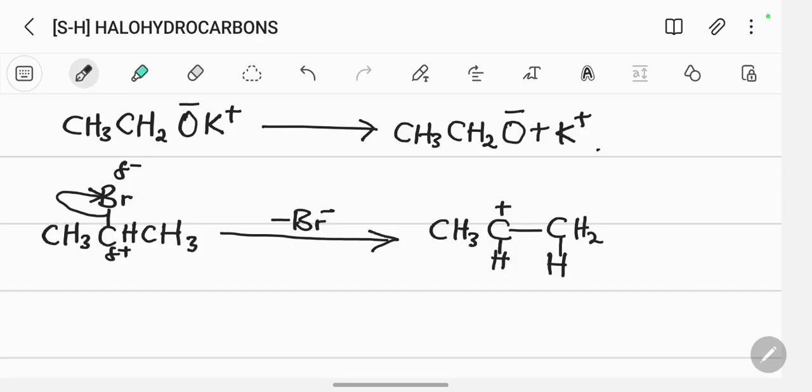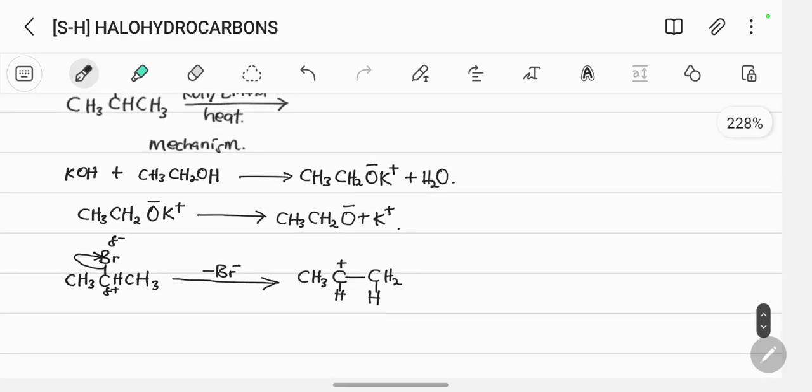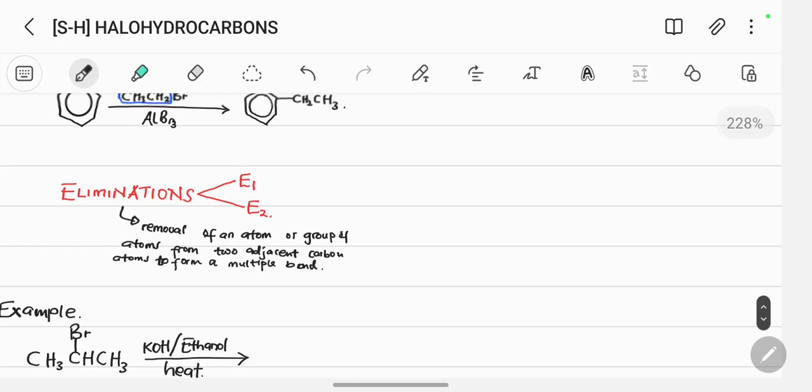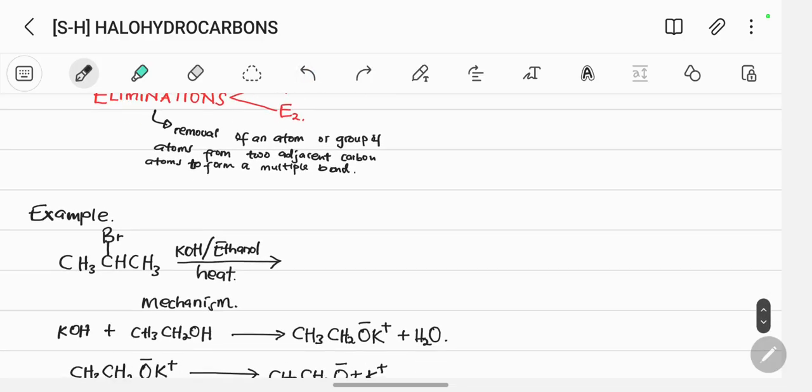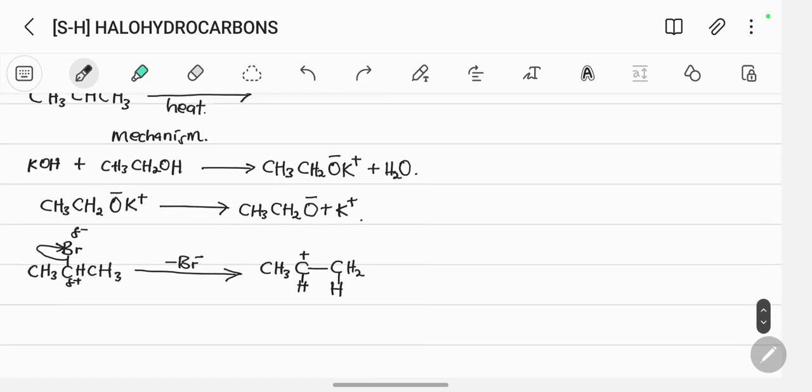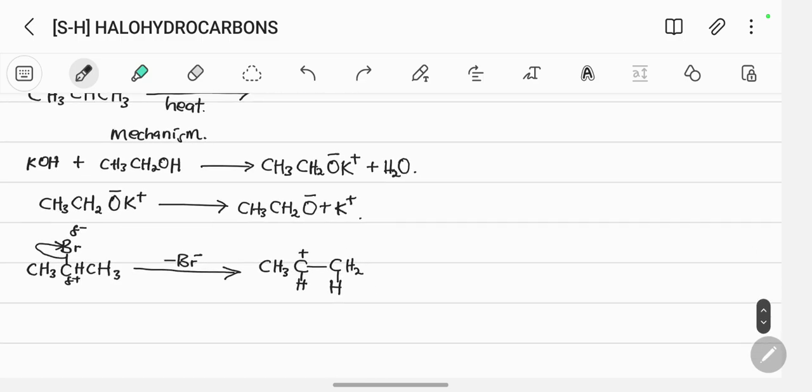Ether formation is different; it is falling under substitution reactions. But this one is an elimination reaction, and sometimes we call it dehydrohalogenation.